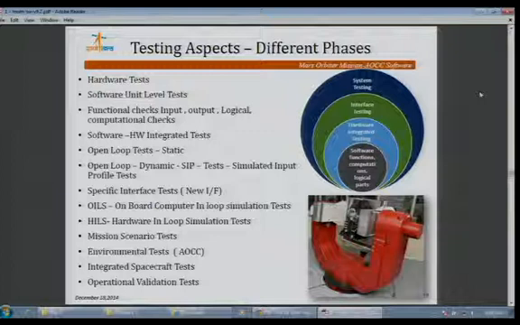They are all tested in different configurations. That's a major thing we do in different phases, and of course the environmental and integration tests. In the Mars Orbiter Mission especially, the operational validation tests were very critical, because for all the phases we had a simulation setup where we validate all the operational aspects. Next slide, please.